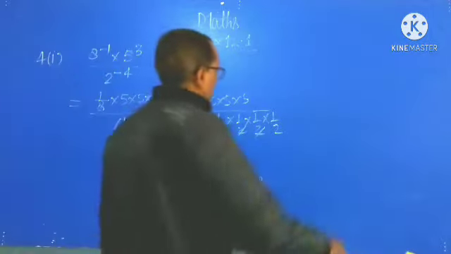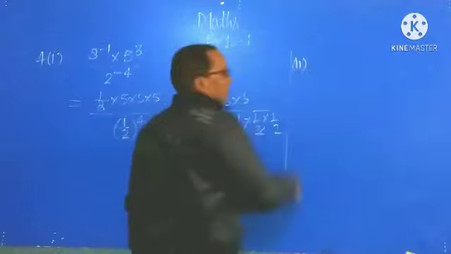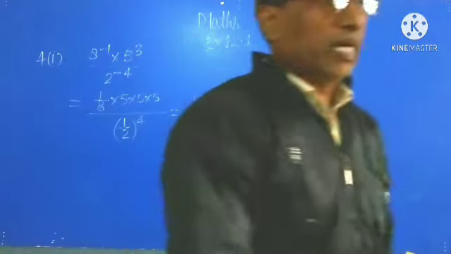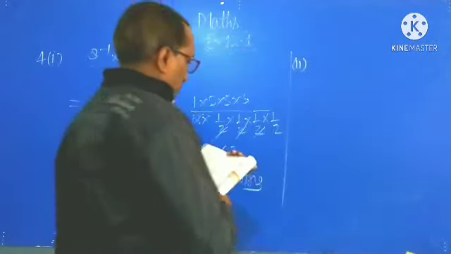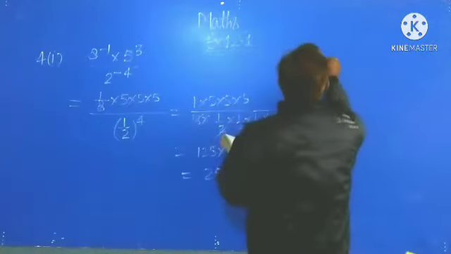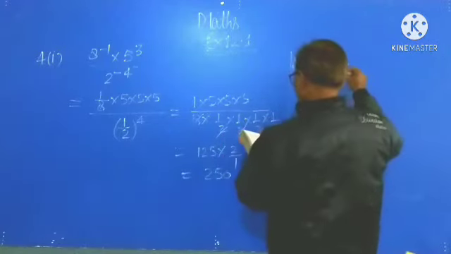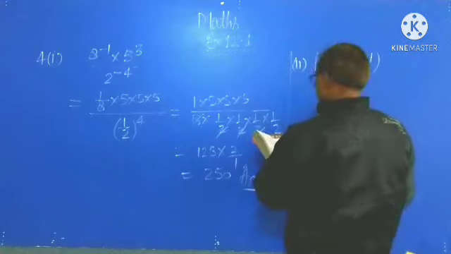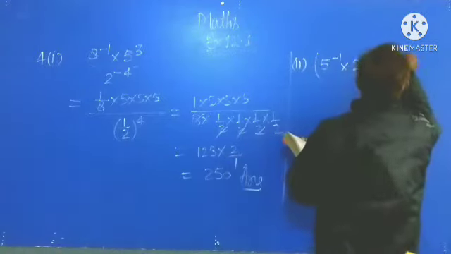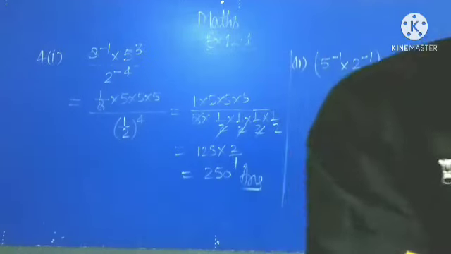Okay. The second part is 5 inverse into 2 inverse, in the bracket, into 6 inverse. You find out the value.